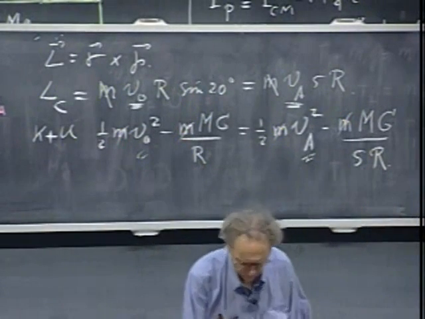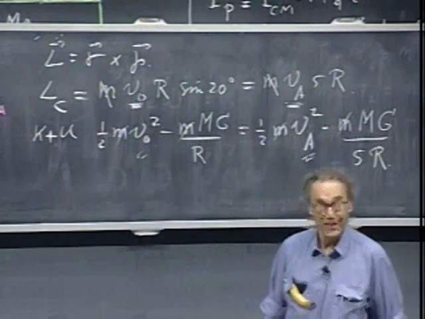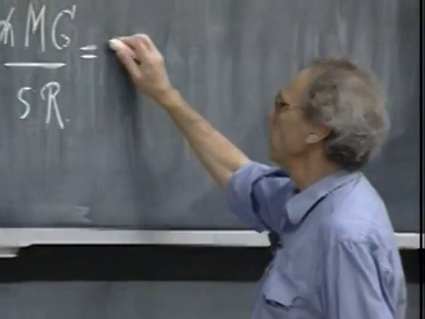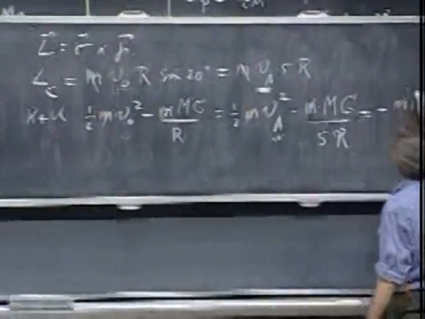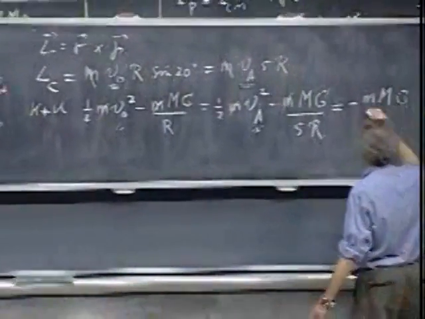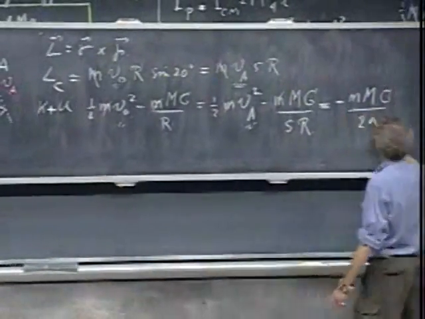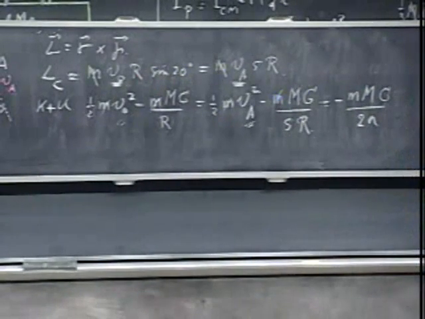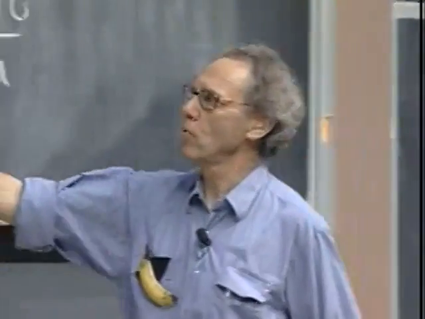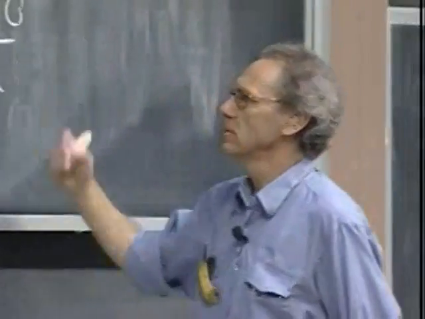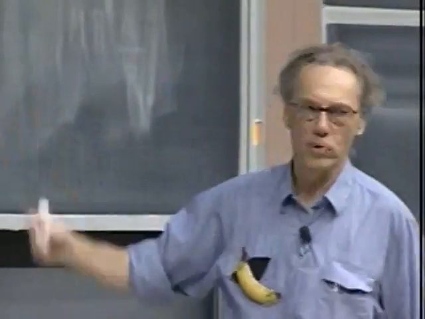And you can solve for that. You can find both. Interestingly enough, you can also find the semi-major axis, because the total energy of the system is also minus mmg divided by 2a. This equation is also on your exam. And so if you know V0 or you know VA, then the m cancels, and you can also calculate the semi-major axis.